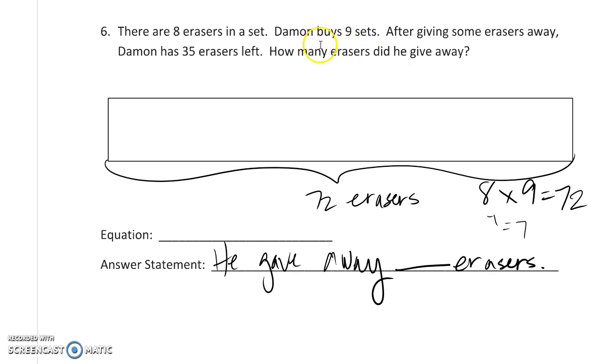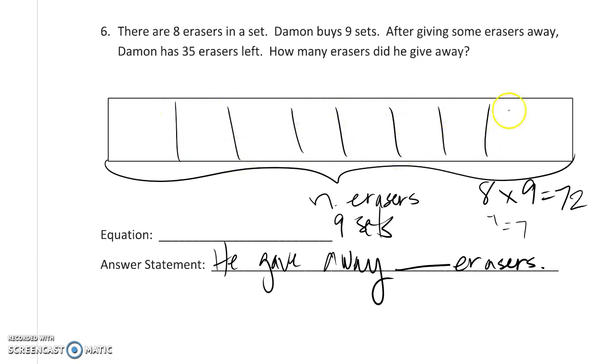And that really, now that I'm looking at it, I guess was what we could have used our tape diagram for. Okay, so let's show that. We have n erasers, 9 sets. So 1, 2, 3, 4, 5, 6, 7, 8. And 8 erasers in a set.